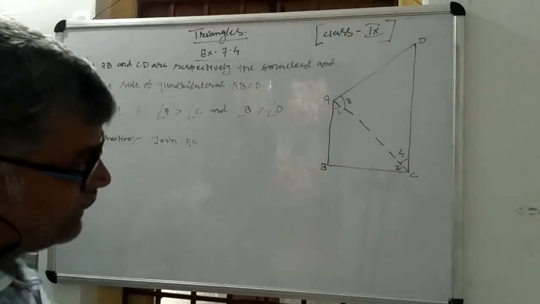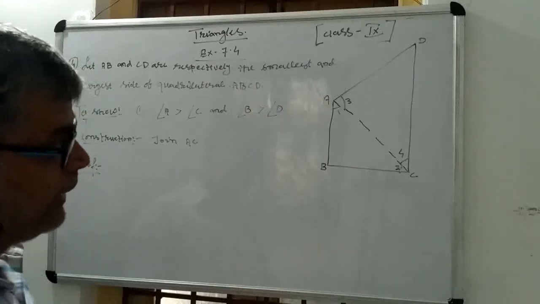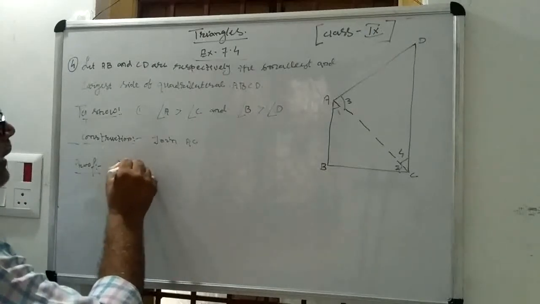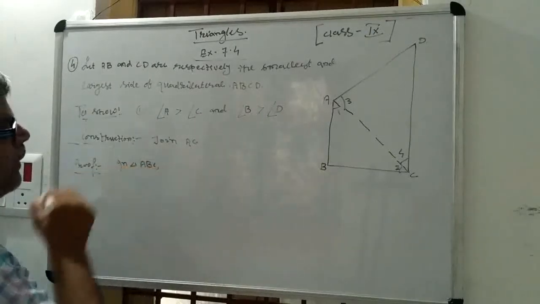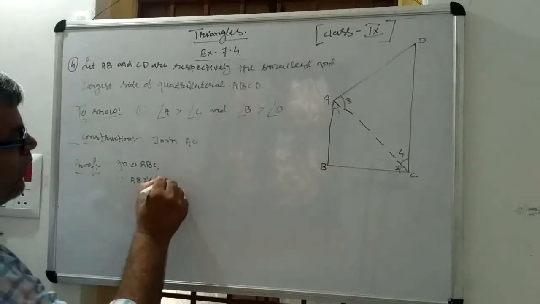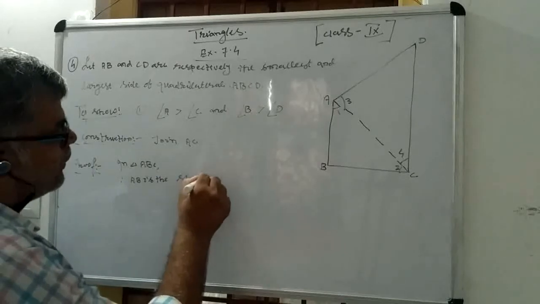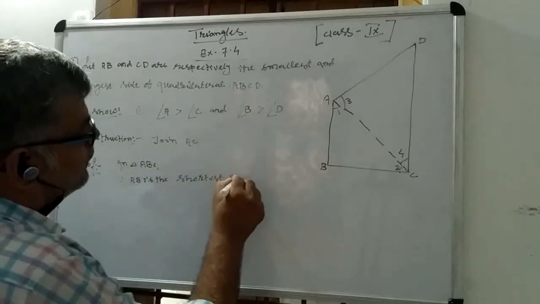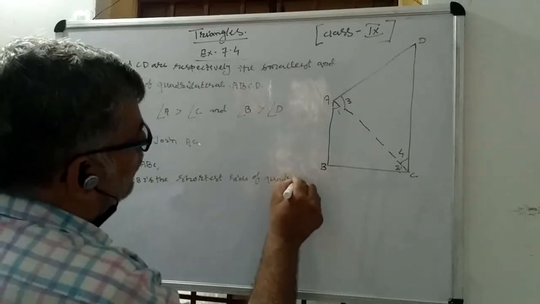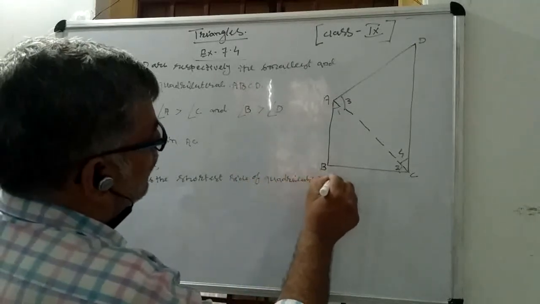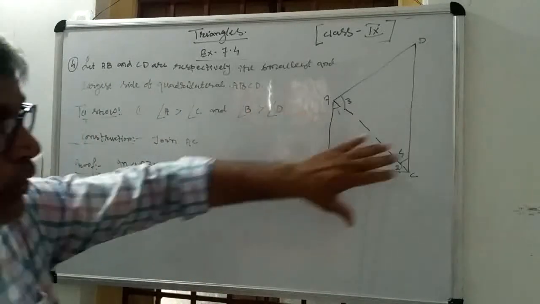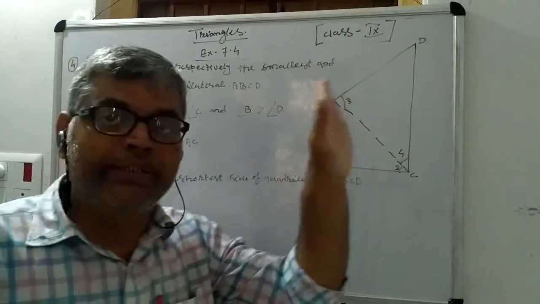In triangle ABC, since AB is the shortest side of quadrilateral ABCD, AB was the shortest side of quadrilateral ABCD.